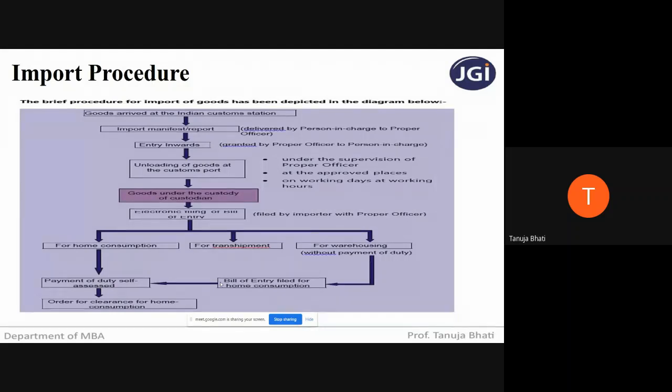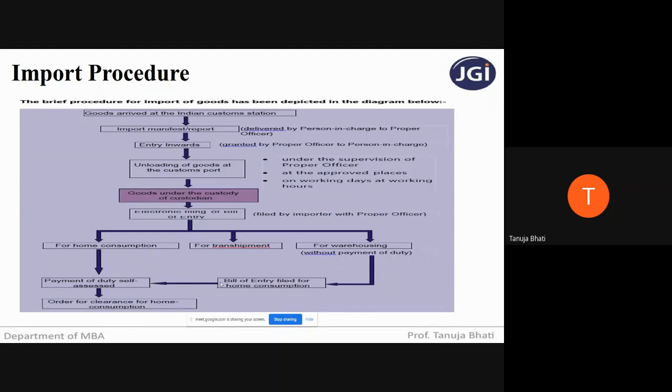And the quadruplicate copy is to be presented to the bank or Reserve Bank of India if you want to remit the duty paid on the imported goods. So the 4 copies have to be made.